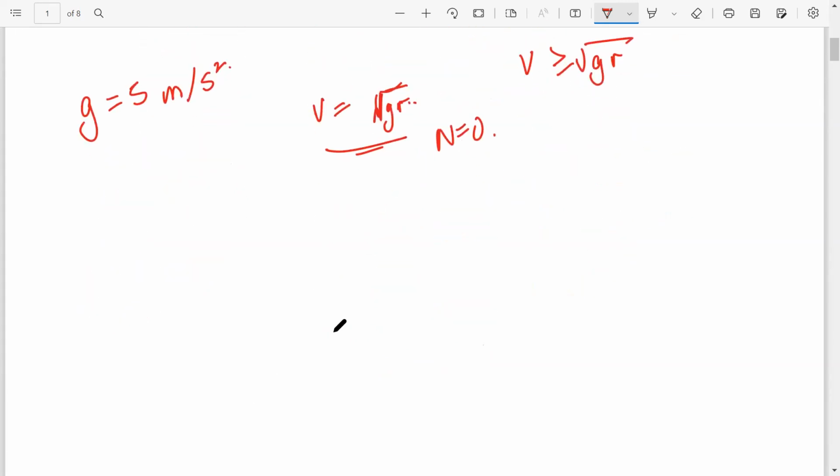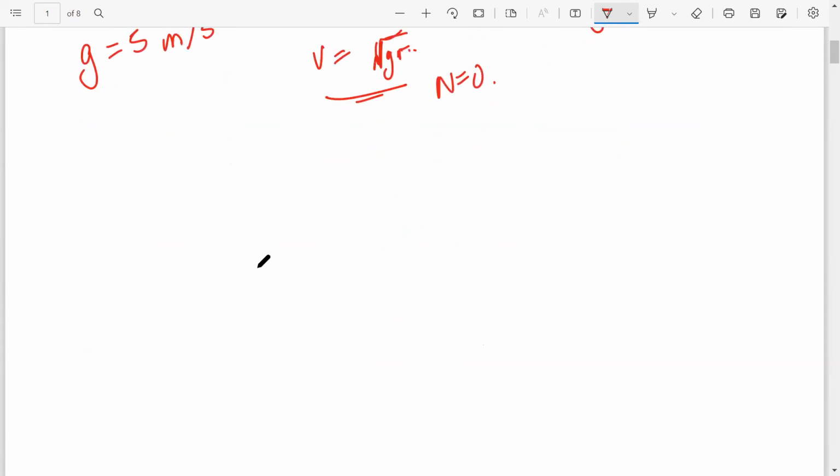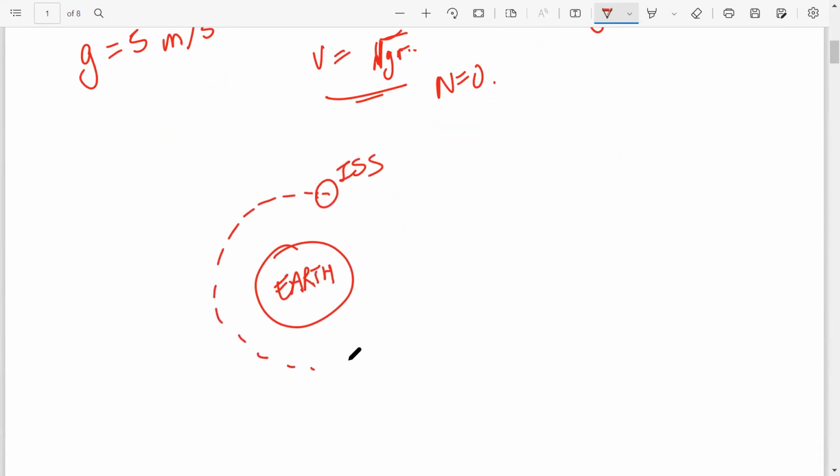So the reason why the astronauts are floating, let's say this is Earth, and then your ISS is around. This one is a little bit linked to two chapters later. There is a gravitational field, there's the gravitational force towards the center of Earth on the International Space Station, and the field strength is the same for the astronauts as well.